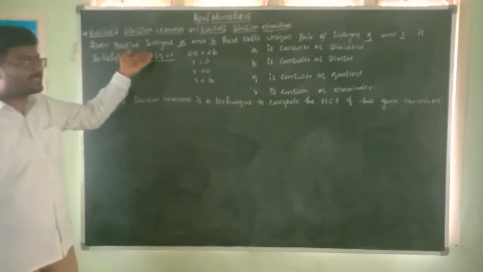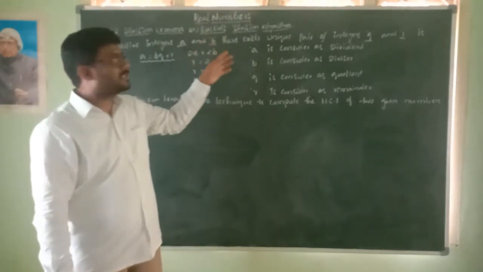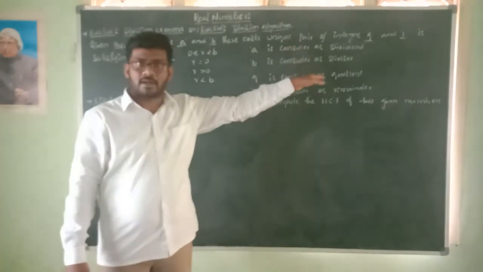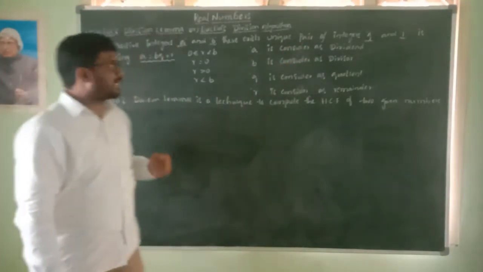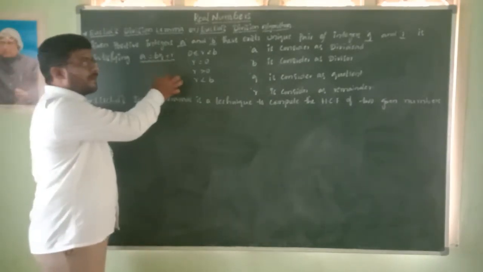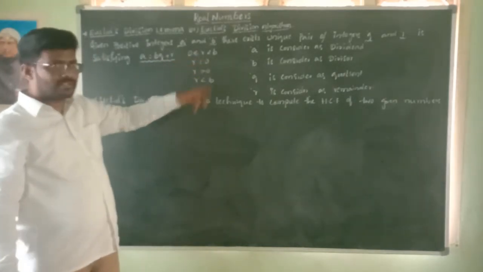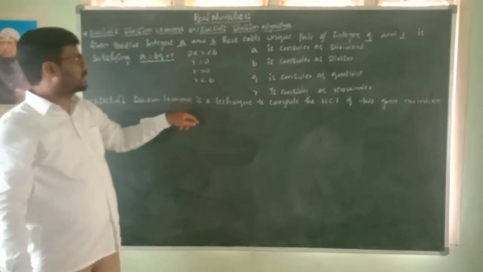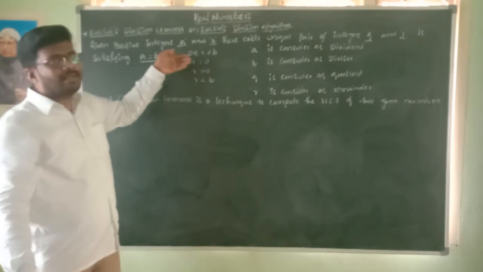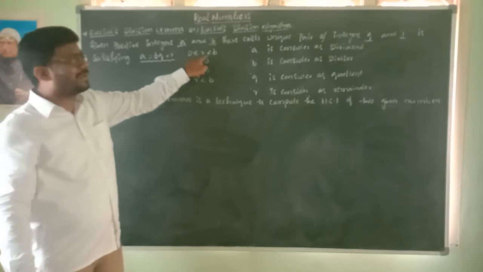Given positive integers a and b, there exists a unique pair of integers q and r satisfying the condition a is equal to bq plus r, where r is equal to 0 or r is greater than 0 and less than b. Simplify and rewrite as 0 is less than or equal to r is less than b.